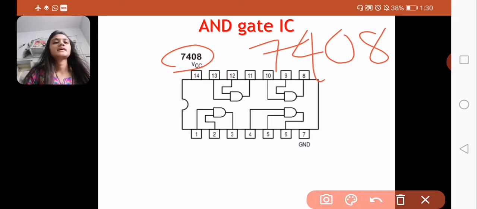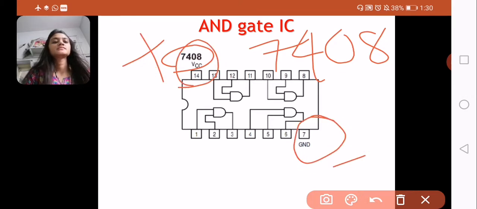In this IC, as I told earlier, pin 14 is VCC and pin 7 is ground, fixed, and the other pins are used for input and output. Pins 1 and 2 are inputs, 3 is the output, 4 and 5 are inputs, 6 is the output, and so on.